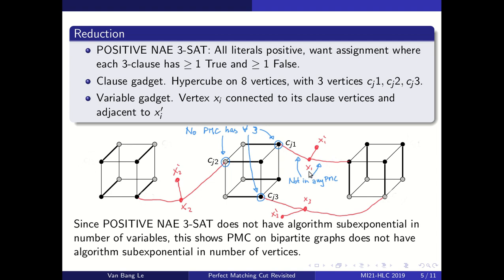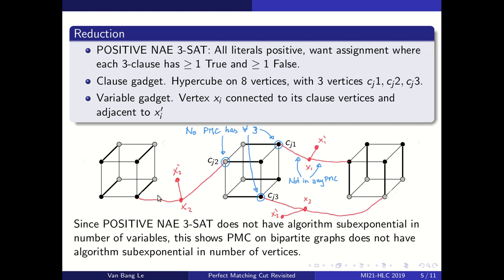The important thing to notice then is that in any perfect matching cut of the resulting graph, these edges incident to the variable vertices, connecting a variable vertex and a clause gadget, will not be part of the cut. So these aspects allow us to conclude that the formula has a not-all-equal assignment if and only if the resulting graph has a perfect matching cut.